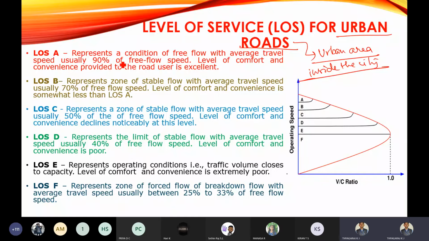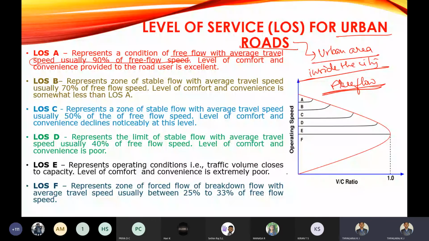Level of service A represents the condition of free flow with average speed. In rural highways, the speed is not mentioned anywhere. But in urban roads, the travel speed is usually 90% of the free flow speed. Here we can't say the level of service has a pure free flow condition. There is a restriction in urban roads because more vehicles will be there on urban roads.